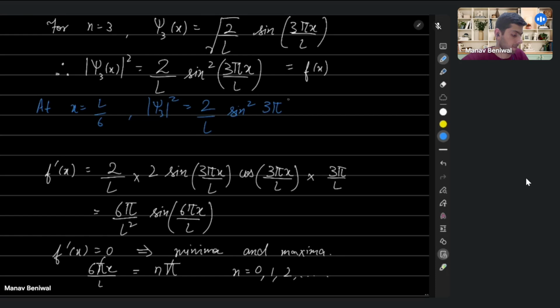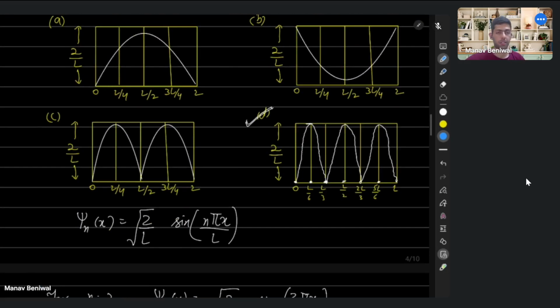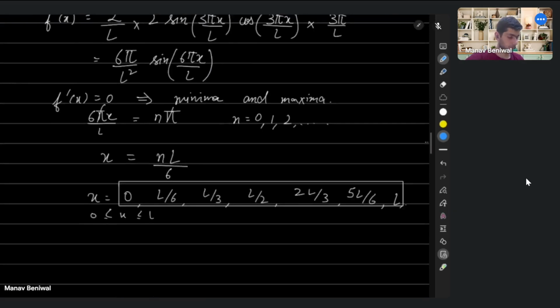The L will cancel out and we are left with 6, so this will be pi by 2, which is 90 degrees, and sine of 90 is 1. So this entire thing gives 1, which implies that mod psi 3 squared is simply 2 by L, which matches with our plot. So this is therefore the correct answer.